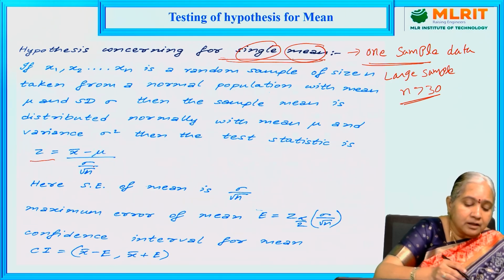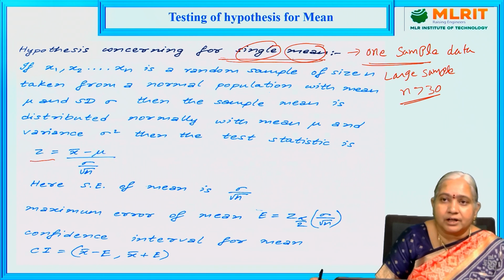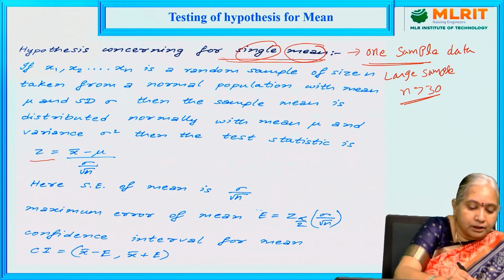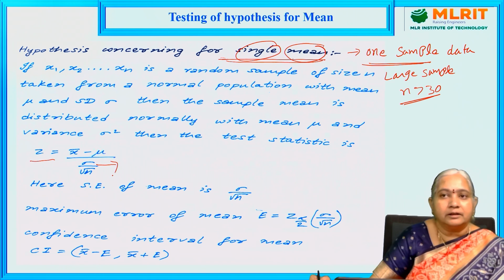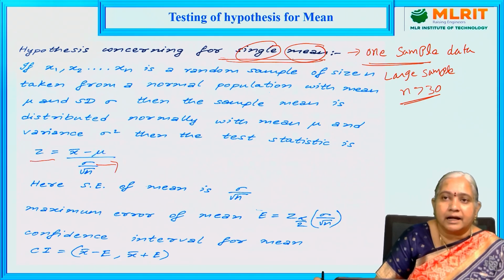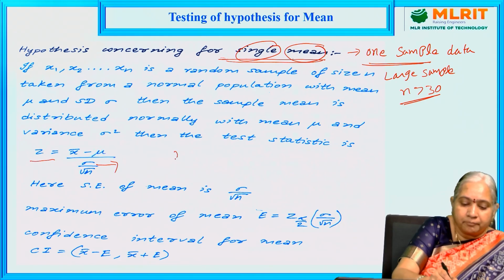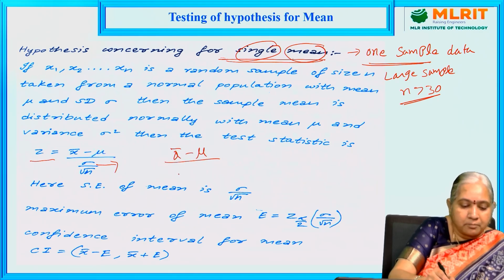Suppose sigma, the standard deviation of the population, is not given, then we take the standard deviation of the sample, which is denoted by S. So the formula becomes (x bar minus mu) by (S by root n).